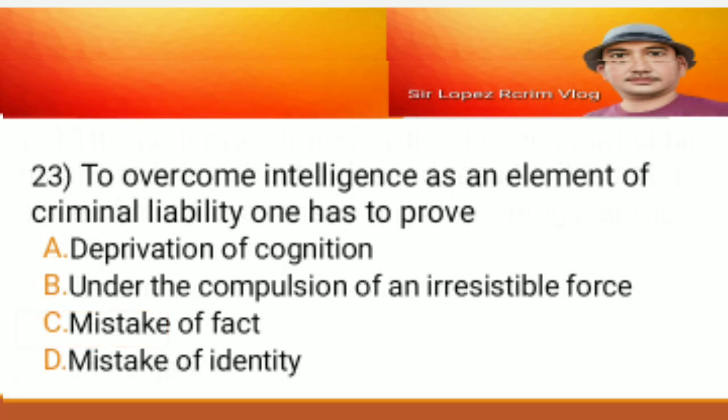23. To overcome intelligence as an element of criminal liability, one has to prove letter A, deprivation of cognition, letter B, under the compulsion of an irresistible force, letter C, mistake of fact, or letter D, mistake of identity. The correct answer here is letter A, deprivation of cognition. 24.